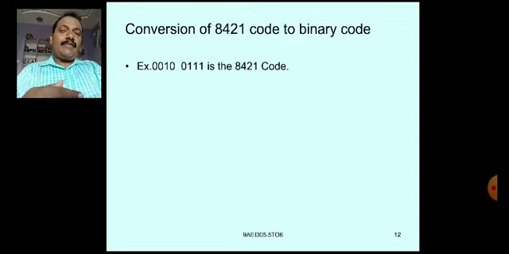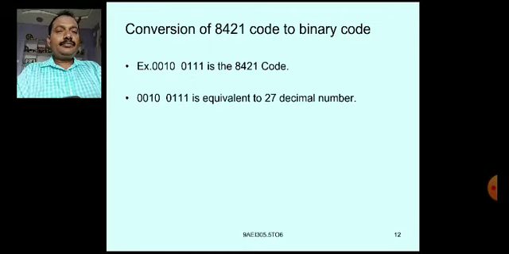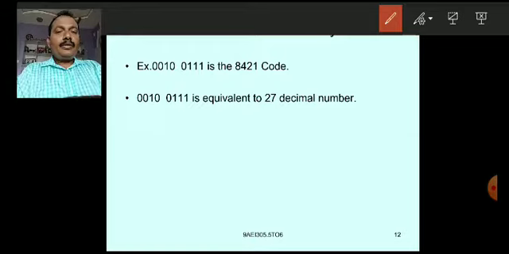Once the decimal is available, convert the decimal number into binary by successive division with 2. Here 0010 is 2 and 0111 is 7, hence 27.